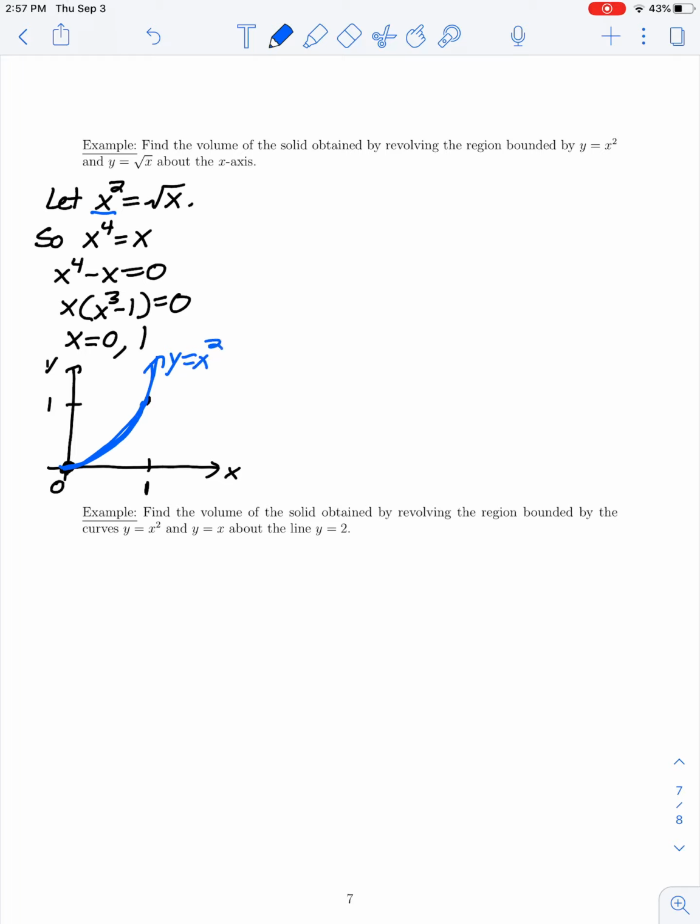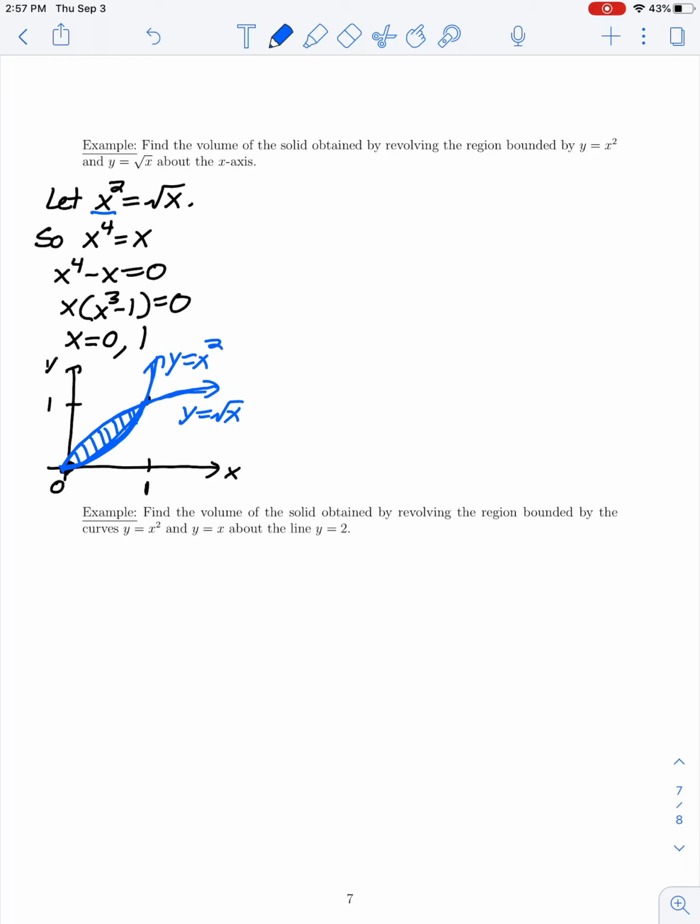And y equals the square root of x, or x equals y squared, is a parabola opening along the positive x-axis, also passing through those 2 points. So my region of interest is this shaded region between those two curves.